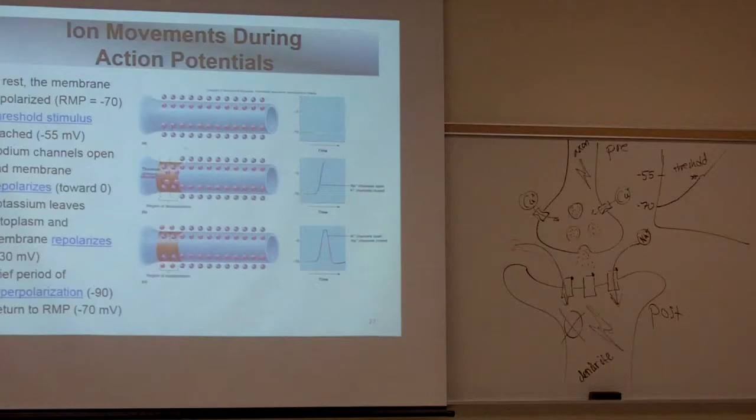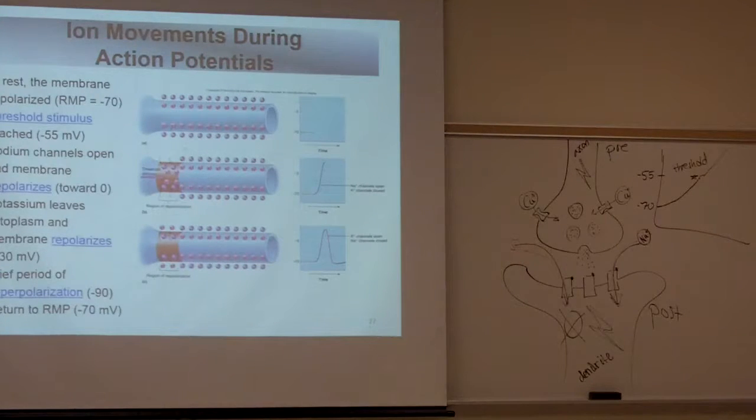So as this segment of the axon fires, it's going to fire the next one and the next one and the next one in sequence. But as these segments are firing, the segments behind are recharging. It's kind of like the wave at a sporting event. Once your hands go up, they don't stay up. And then you put your hands back down. That's you recharging the neuron. That's the repolarization.